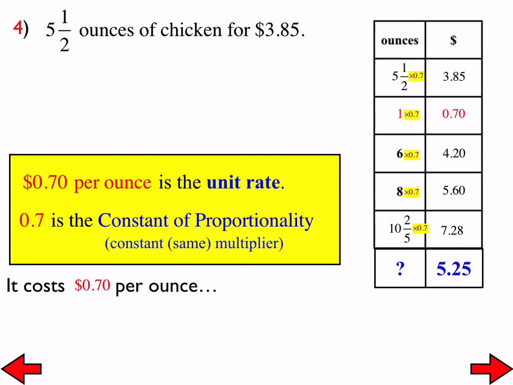So what you're looking for is, you know that whatever the ounces are, you're going to multiply it by 0.7 because that's the constant multiplier. So something that I don't know times 0.7 has to be 5.25. You could think of that like a one-step equation: 0.7x equals 5.25, divide both sides by 0.7, and then we would get 7 1/2 ounces.